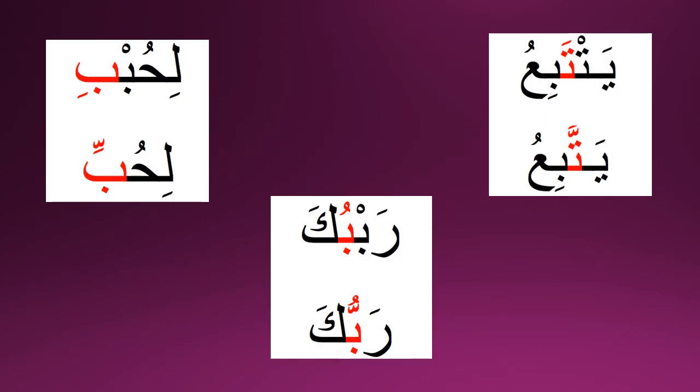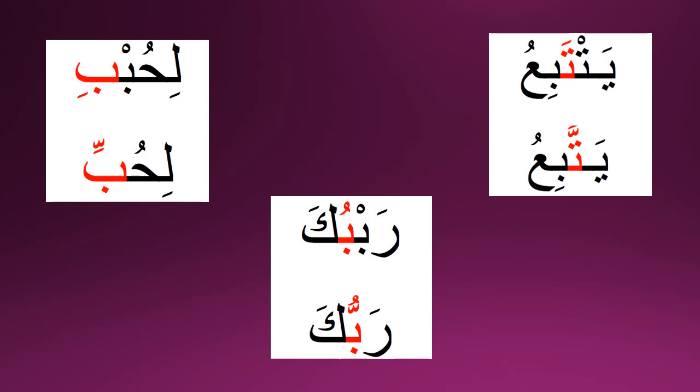Here are a few examples so that you can understand more. The letter ta. The first ta is with jazm and the second is with fatha. So the letters when joined became the word yattabi'u. Then we have the letter ba, first with jazm and the second with dhamma or the pesh. So it becomes Rabbuka.